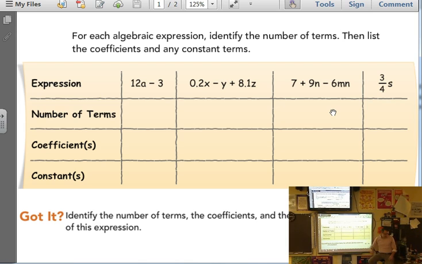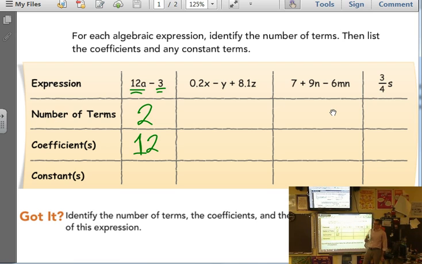So, in our first expression here, Colin, how many terms do we have? Yeah, we have 2 terms. We have the 12a and we have the 3. They're held together through subtraction. What is my coefficient, Colin? Your coefficient is 12.